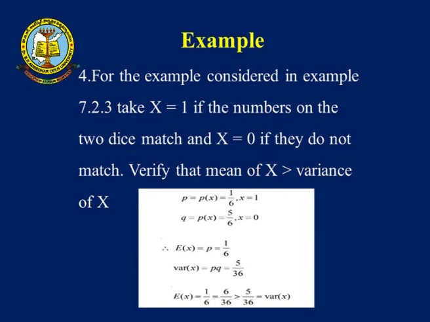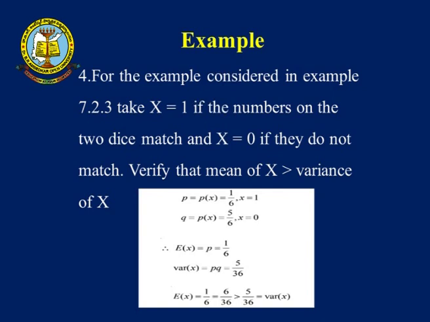Here we take x equal to 1 if the numbers on the 2 dice match, and x equal to 0 if they do not match. Verify that mean of x is greater than variance of x. How? Here probability of x is 1 by 6 where x equal to 1, and probability of x, that is q, is 5 by 6 where x equal to 0.